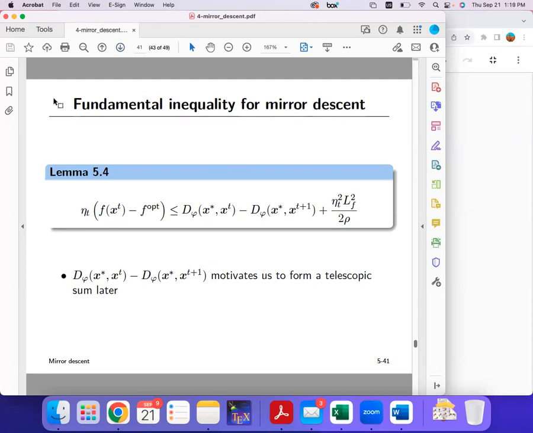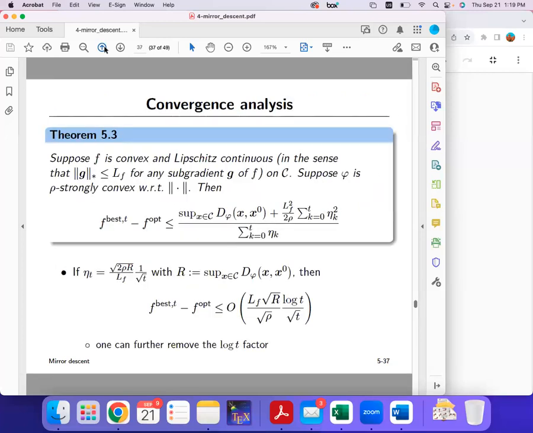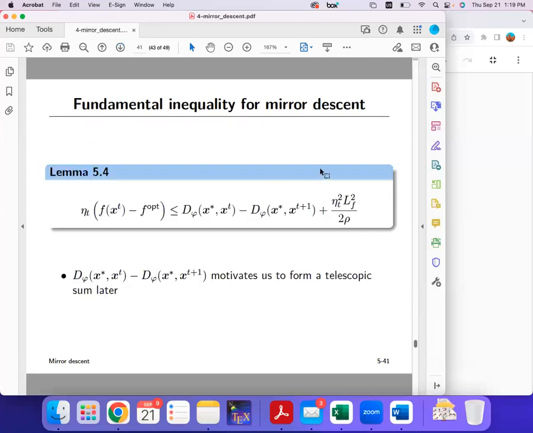Yeah. Now we are going to prove this result. Okay, prove this convergence result. And this is a fundamental inequality to prove the main result. This inequality bounds the gap between f(x_t) and the optimal function value.